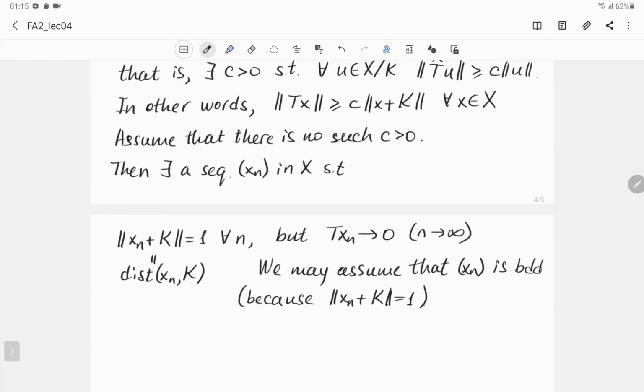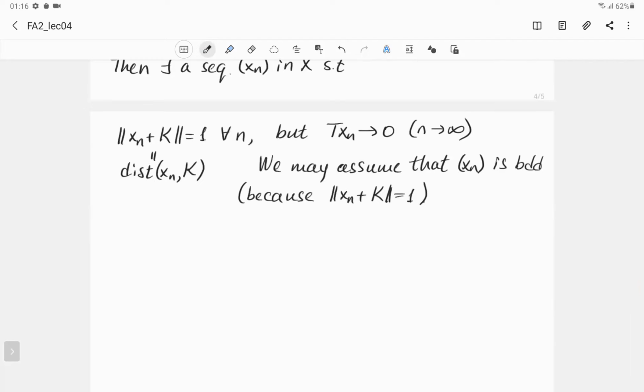And so by the definition of the quotient norm, we can always find a representative of this coset such that the norm of this representative is, for example, less than or equal to 2. So we can always assume from the very beginning that xn is bounded. Otherwise, we just choose different representatives in the same cosets.